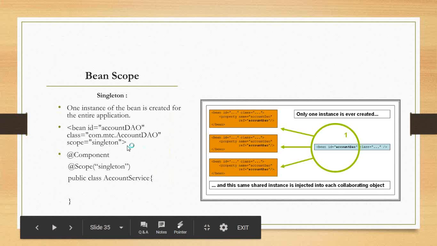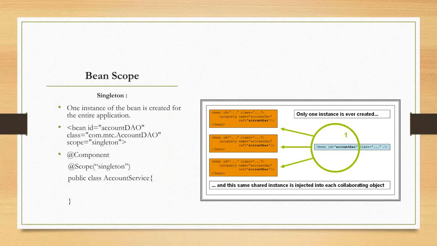Let's say you have a bean called account DO. How will you configure the scope of the bean as singleton?